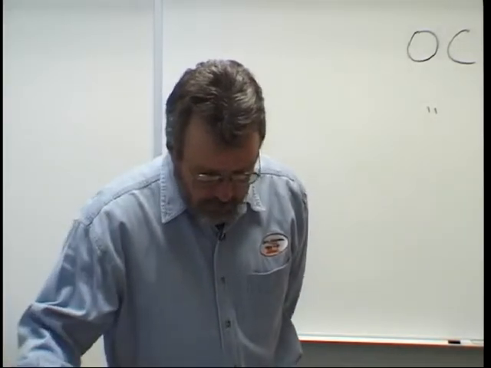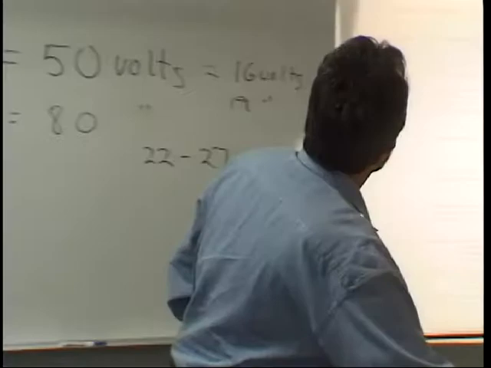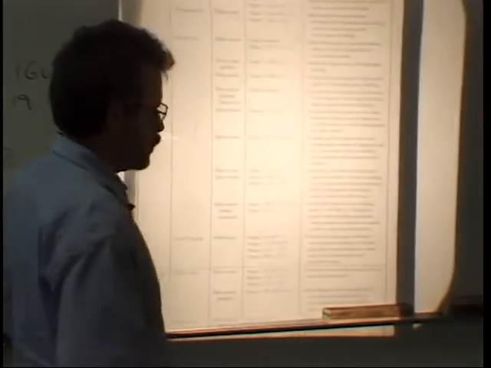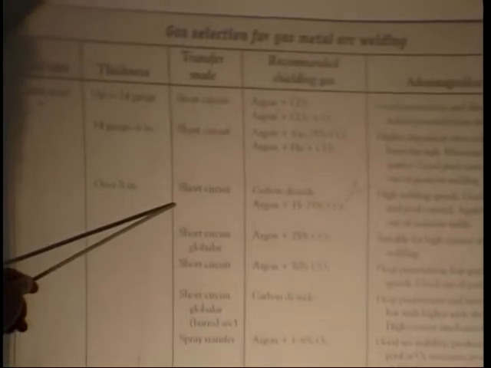If you look here at what I put up on the board, this is in your text. And we use short circuiting over 1/8 of an inch thick. The plate that you're welding is 3/8 of an inch thick. So transfer mode, short circuit.